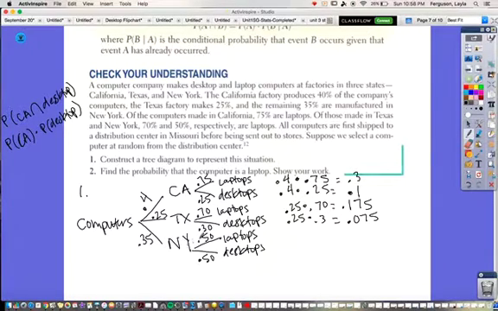Probability of being from New York and being a laptop would be 0.35 times 0.5, which would give you 0.175. Being from New York and being a desktop would be 0.35 times 0.5, which would also give you 0.175.